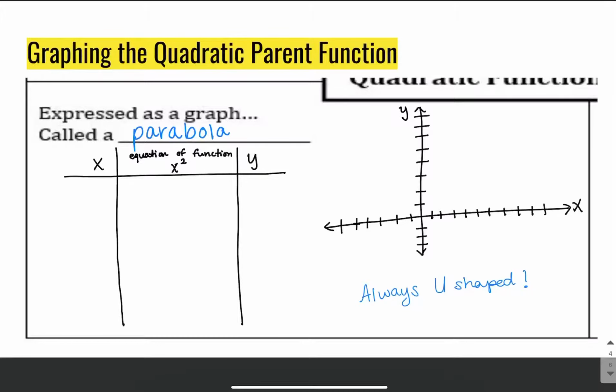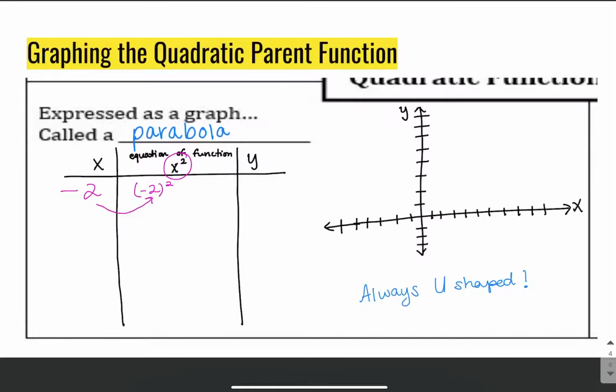So let's come up with an x value. Remember, our x value goes from left to right. So I want to start with some negative numbers and move my way from left to right across my graph, so that I have a good representation of points. Let's do negative 2. If I'm using my equation of a parent function, that means I would have negative 2 squared, because my x was my input there.